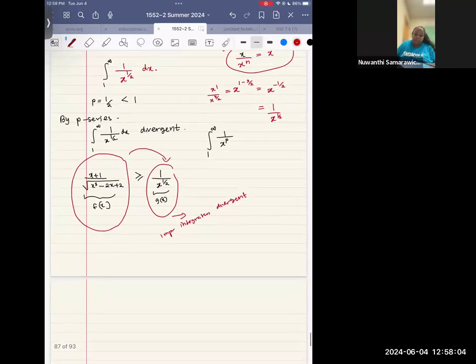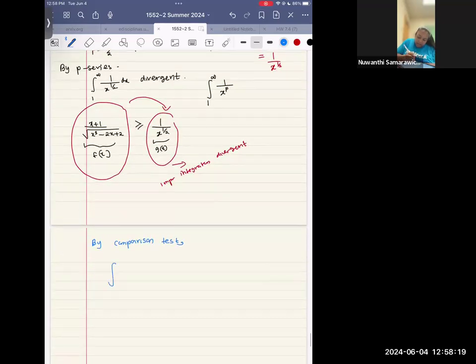By P series, this integration is divergent, so by comparison test, the integral from 1 to infinity of x cubed minus 2x plus 2 is divergent.